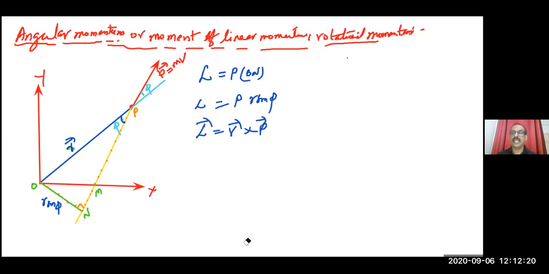Relation between torque and angular momentum. Look here. Vector L is equal to R cross P. R is equal to Ix plus Jy.